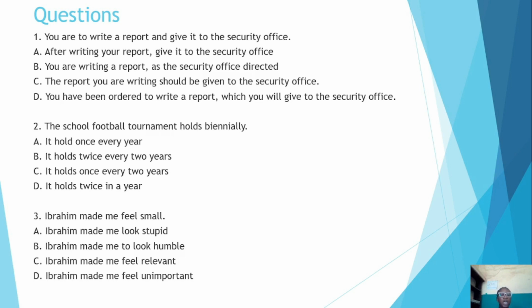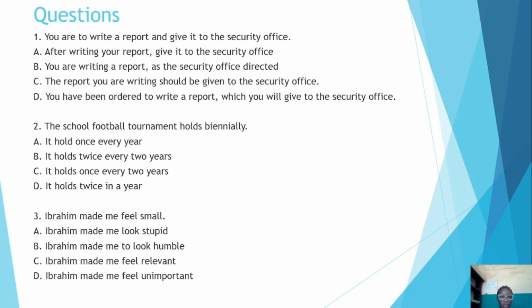Question 2. The school football tournament holds biennially. Now, the word we are supposed to interpret here in this sentence is biennially. And it means something that happens once every 2 years. Now, let's look at our options. Option A, it holds once every year. No. Option B, it holds twice every 2 years.